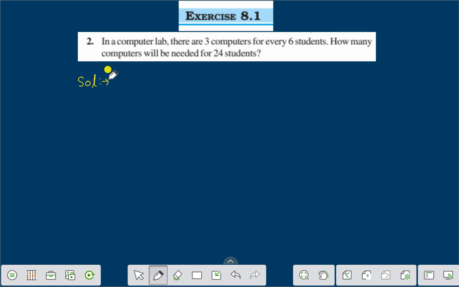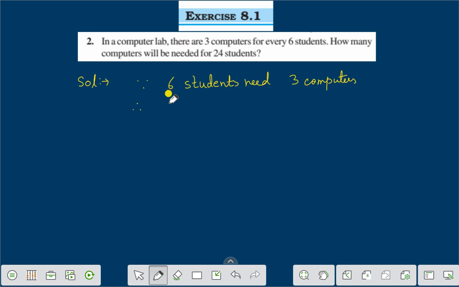Here it is given that 3 computers for every 6 students. Since 6 students need 3 computers, right?